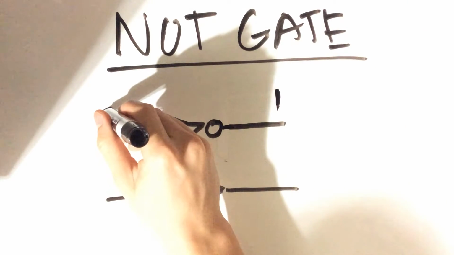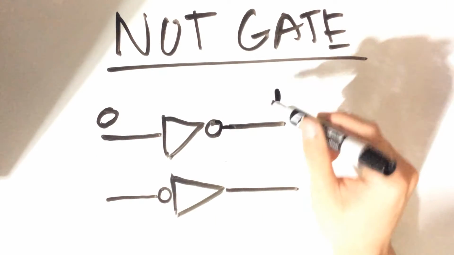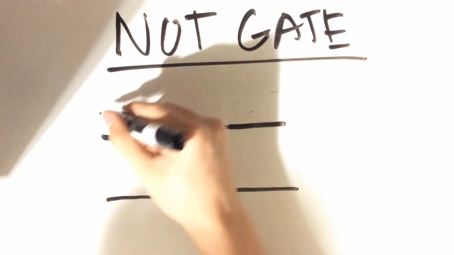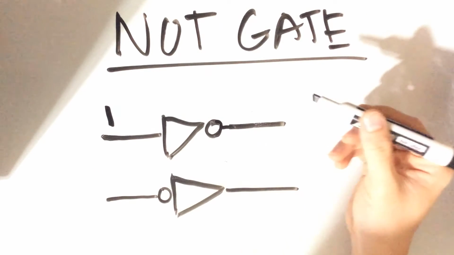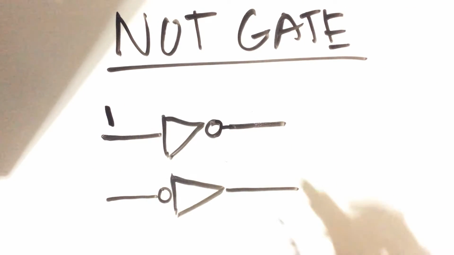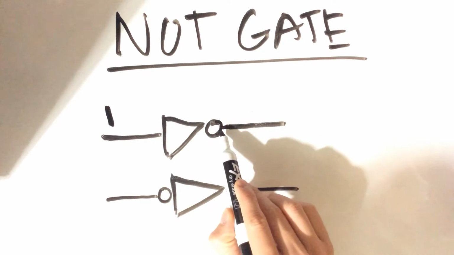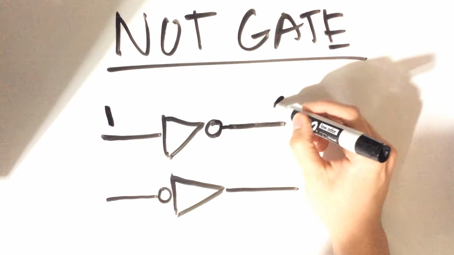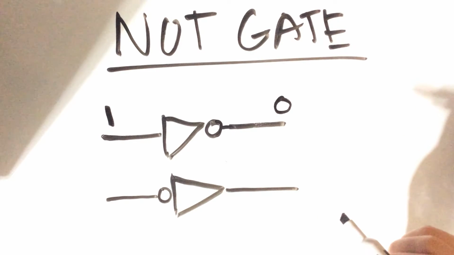So input 0, output 1. Same thing if we had the input value of 1, what would we get here? Input 1 at the end of this gate is going to invert our value, so now we get the value of 0.